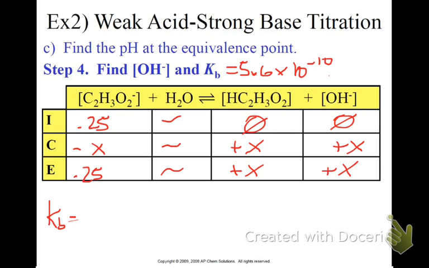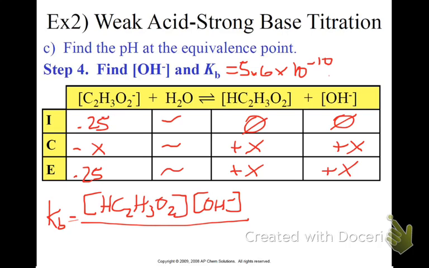So Kb is going to be the concentration of HC2H3O2 times the concentration of hydroxide divided by the concentration of C2H3O2, the acetate ion.